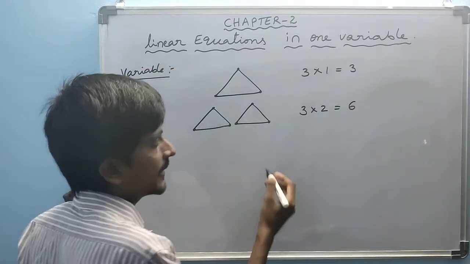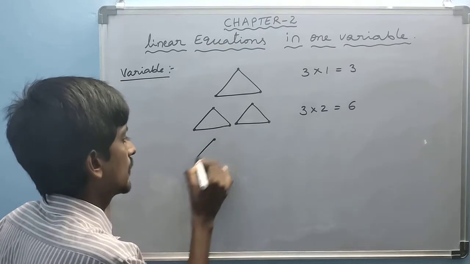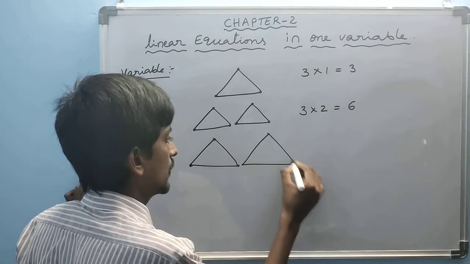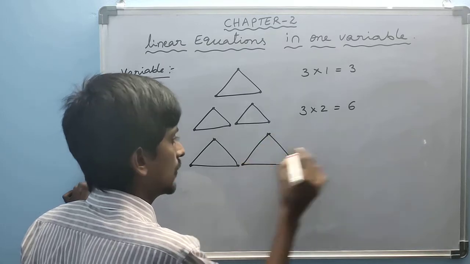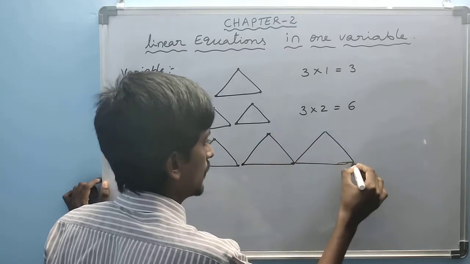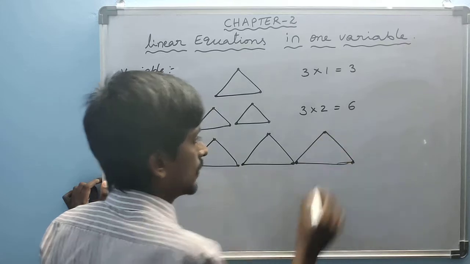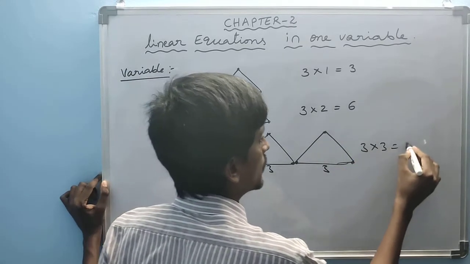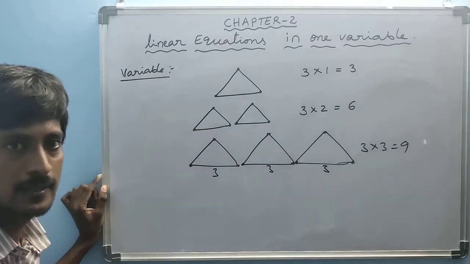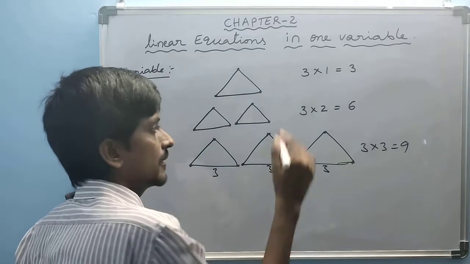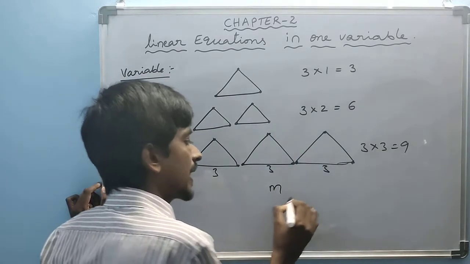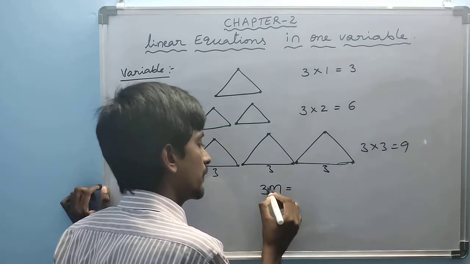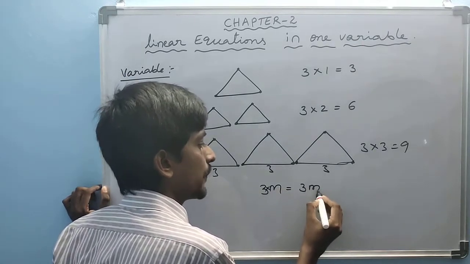For example, if you need 3 triangles, how many? 3, 3, 3. So 3 into 3, so 9 matchsticks. Same like that, if you need m triangles, how many do I want? 3 into m, so 3m.